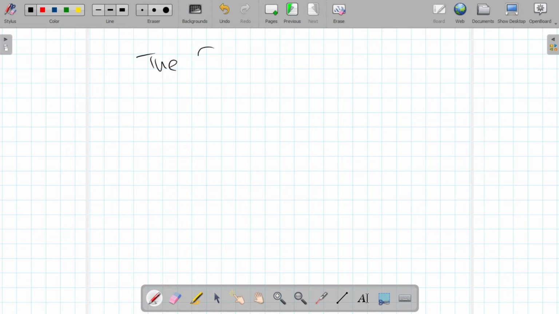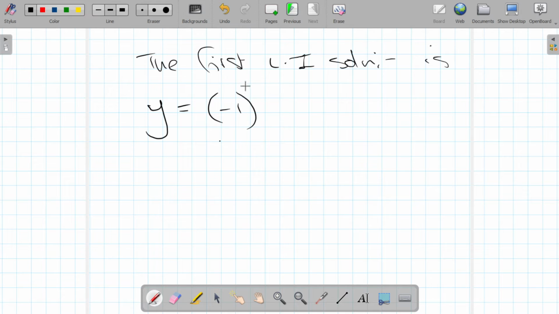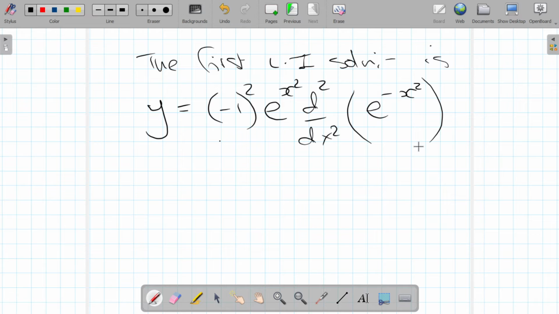The first linearly independent solution, when n is equal to 2, is y equals minus 1 squared times e to the x squared times the second derivative of e to the minus x squared, right?